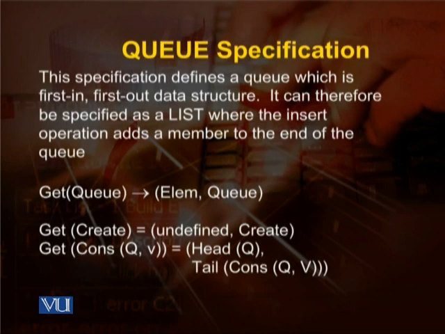If q is empty, remember we wrote the same specification that we have written before for head, that is it is equal to v if q is equal to create, else it is equal to head of q. And then the other part, that is the modified q, is once again the same. Modified q is the tail part of the q, and this is exactly the same specification that we had in the case of our list, and we simply write that here.